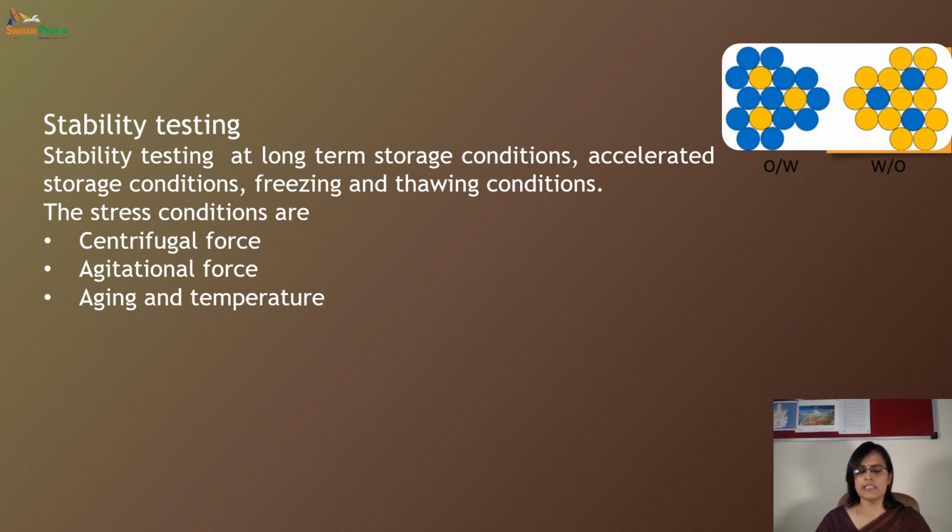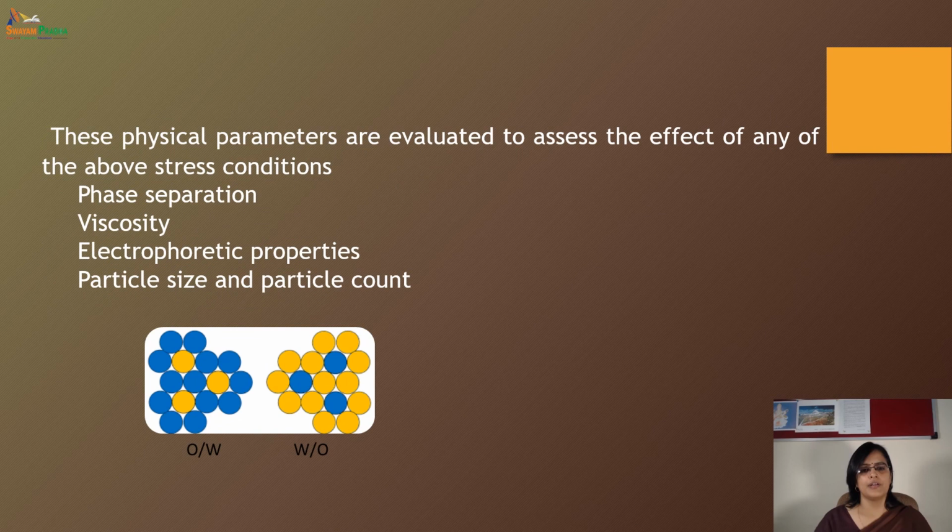So stability testing is done for different parameters for a specific period of time by using standard protocols. These physical parameters are evaluated to assess the effect of the above stress conditions: as I told, phase separation, viscosity, electrophoretic property, particle size and particle count.